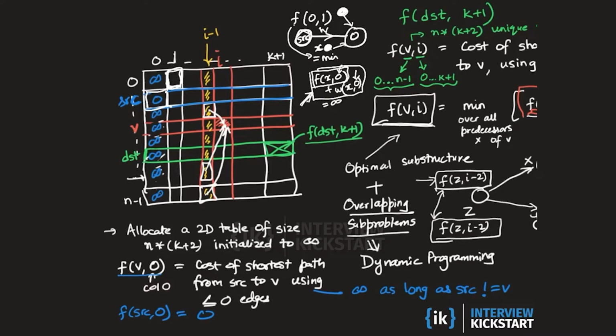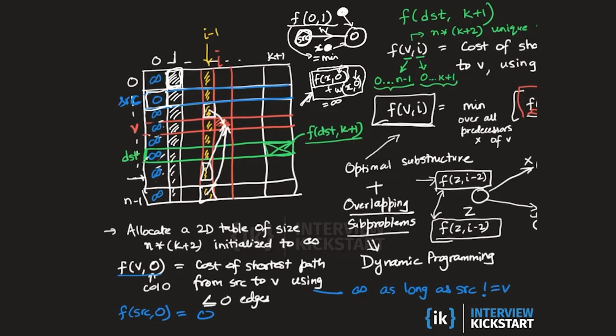And that is what we will pick to be f of 0 comma 1 if we are taking the min across all the predecessors of vertex 0. So the value that will be stored here is basically the weight of the edge from the source to vertex 0, if there is an edge like that. Otherwise it's going to be infinity. And so we can fill in column 1 like that.